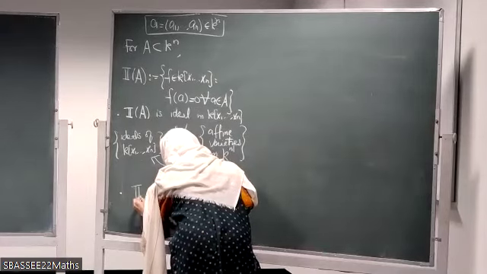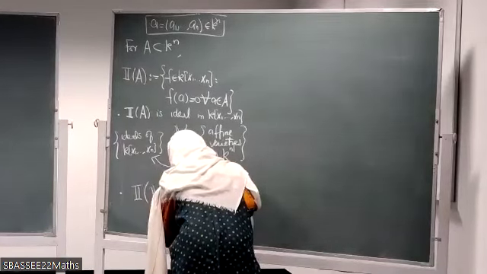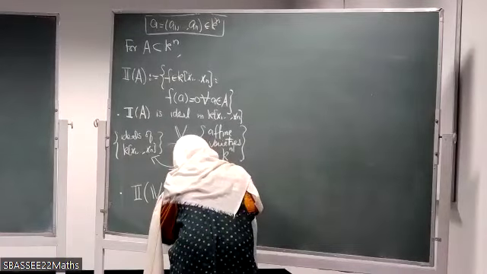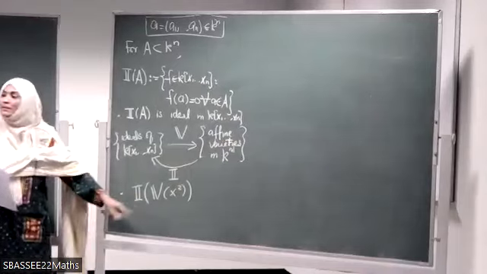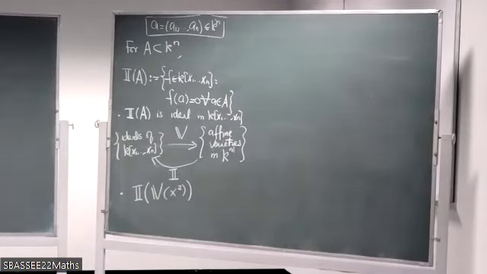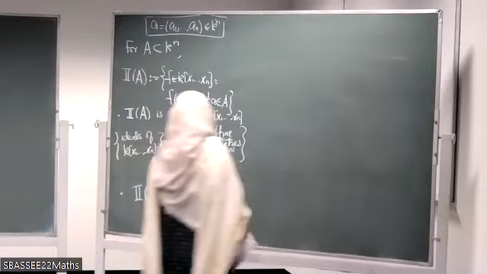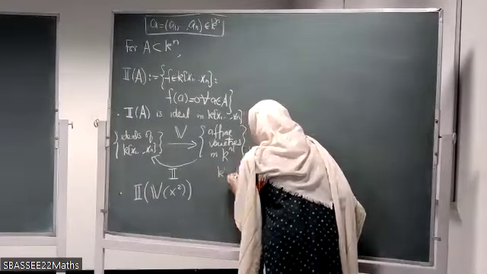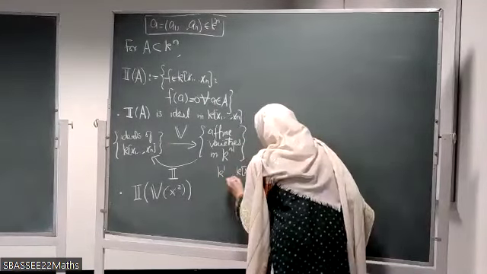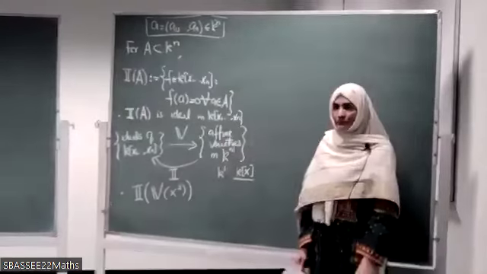If you have the polynomial x squared, and you look at the zeros of that, this gives you just the zero element. If I'm looking at this in the affine line, n is 1 here, and the corresponding polynomial ring is this one.